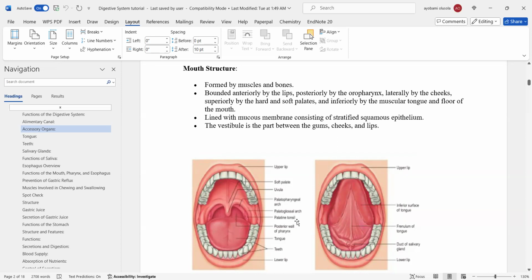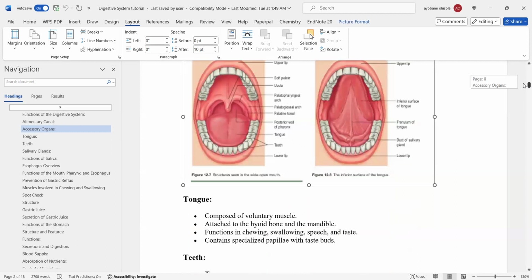Then the tongue, the palatine tonsil, sorry, the palatopharyngeal and the palatoglossal arch. Okay. So now let's talk about the tongue.